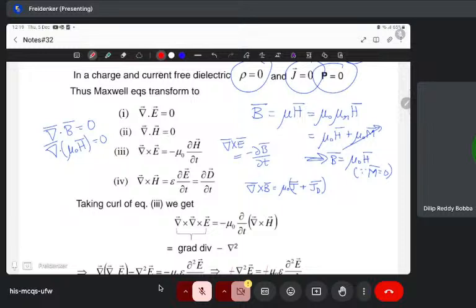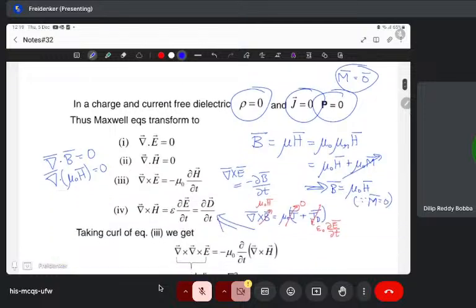So there is no current, there is no charge. So charge free, current free. Current free means there is no J, so this is zero. And they're replacing B with mu naught H bar. And displacement current is essentially epsilon dE by dt when P is zero. So finally, if you simplify everything, you will get this one. So they're just rewriting the old ones in new forms. That's it.